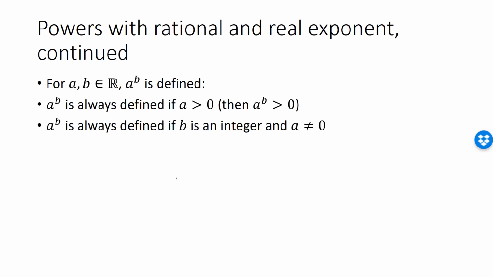Also, exponentiation is always allowed if the exponent is an integer, with just one exception, and that is when the base is 0. If the base is 0, then exponentiation is allowed if the exponent is a positive number. The power rules are always valid if the exponents are integers. However, they are not in general valid with rational exponents.